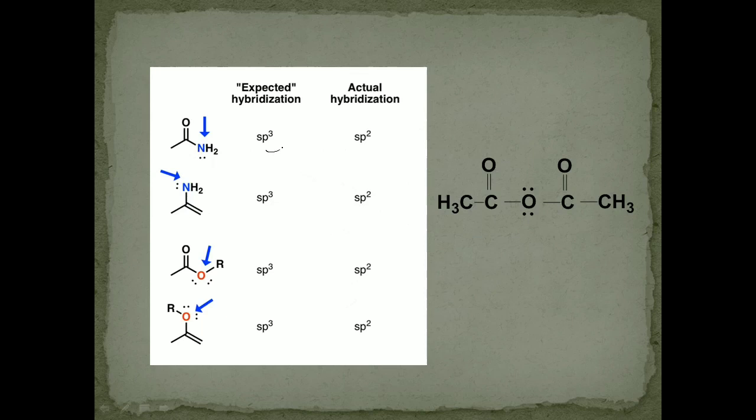Here sp3 hybridization is expected, but this lone pair of electrons is involved in resonance. That's why this one is sp2 hybridization. These are not non-bonding electrons. We should not consider the non-bonding electrons in calculation of the steric number, because they are all involved in pi bonding. Now this one also has a lone pair of electrons involved in resonance, so its hybridization is sp2. We should not count this lone pair, just consider it as 3 sigma bonds.